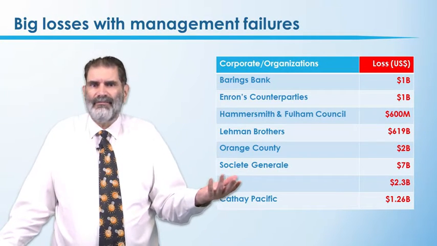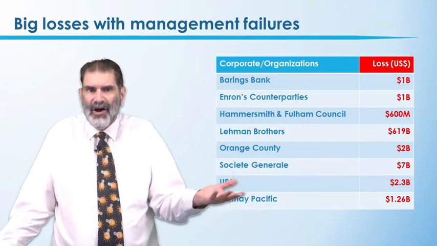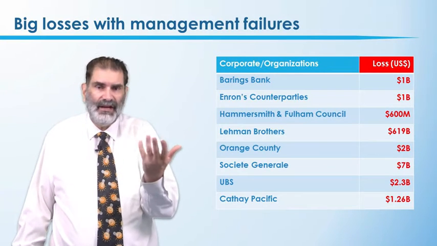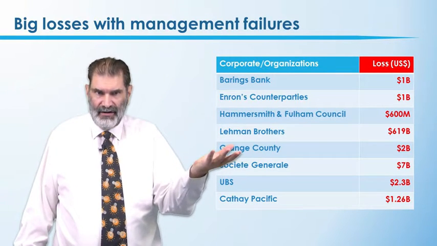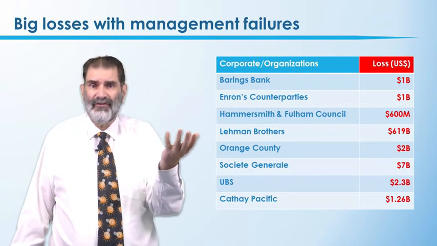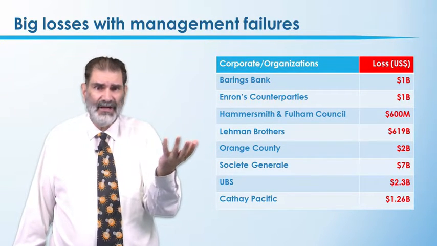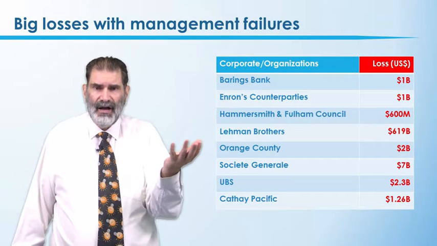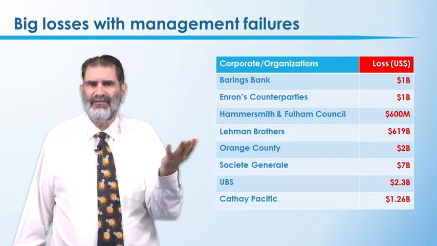And so fraud can have big losses, not just for financial institutions or listed companies, but also for professional service firms that become subject to fraud, subject to management failures.